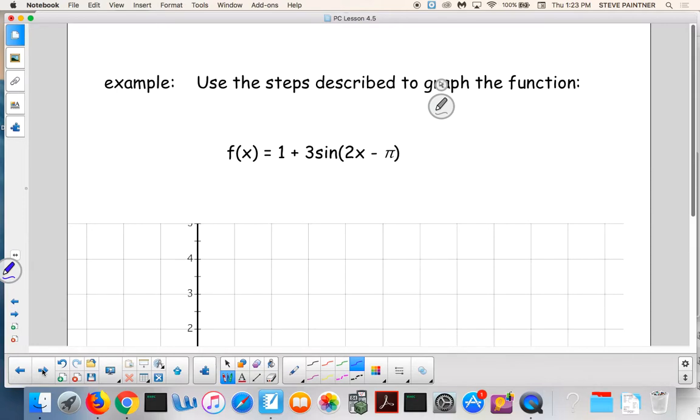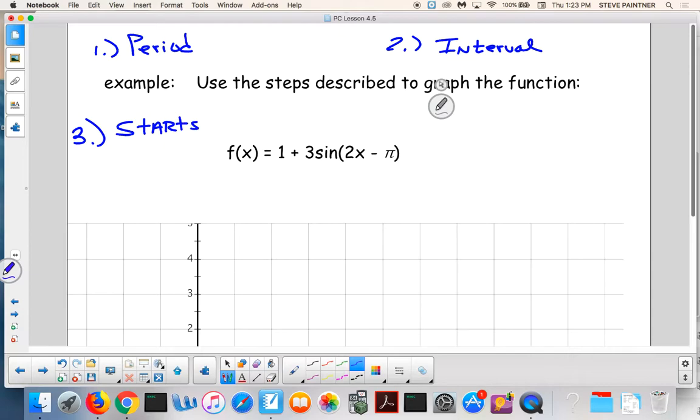I'm going to give you 6 things to do. First thing, find your period. Second thing, find your interval. Third thing, where are you going to start at? Fourth thing, where are you going to end at?